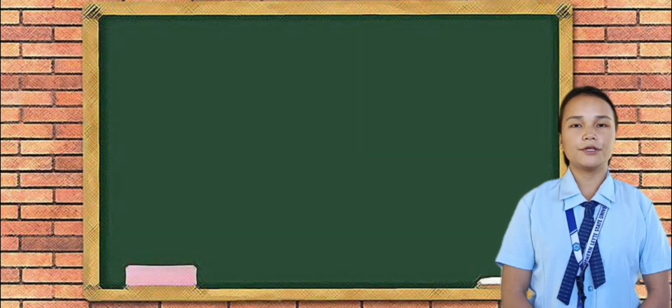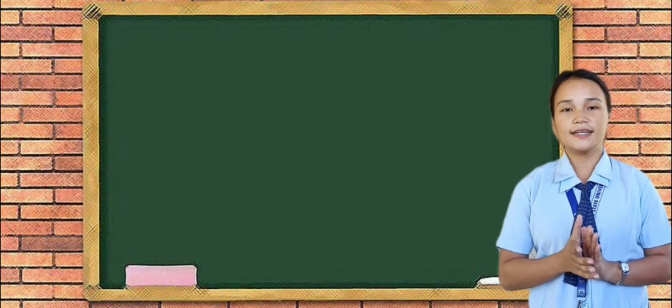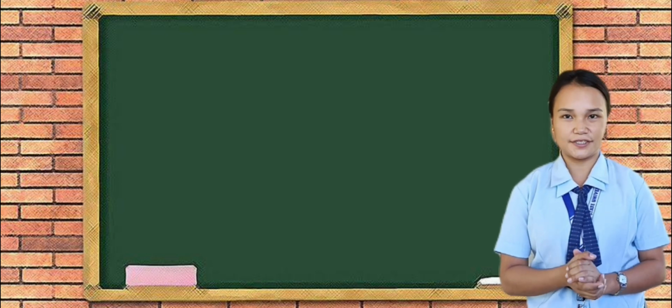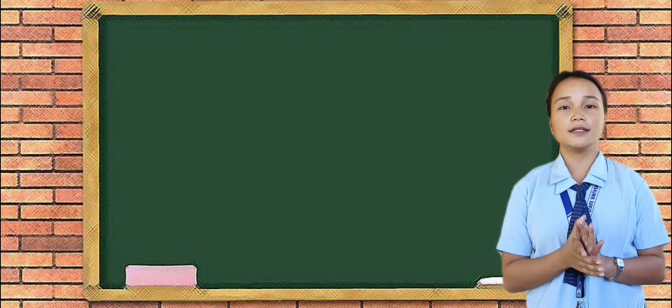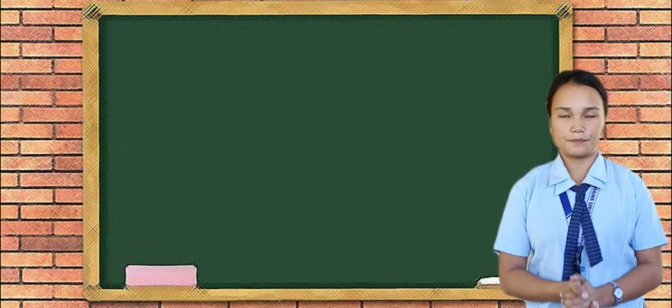Okay, thank you. But before we proceed to our main discussion, first, let us have some activity. So I will show you some pictures and everyone can guess what those pictures are all about. And I'll give you 40 seconds to analyze the picture.